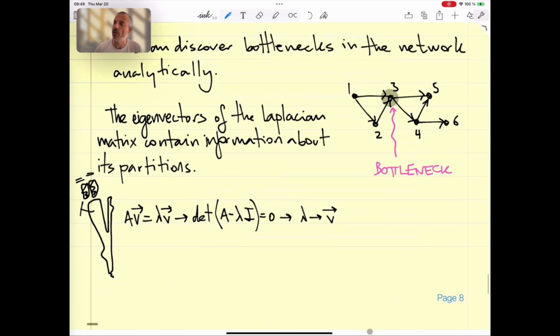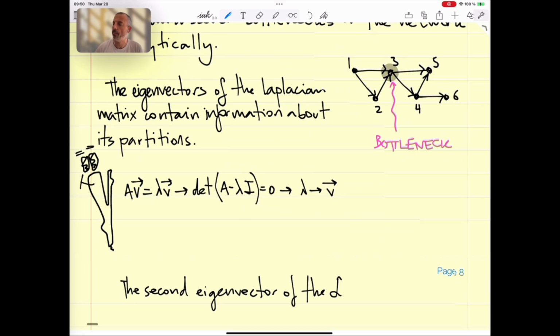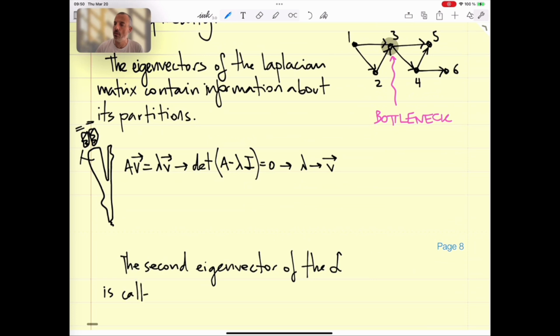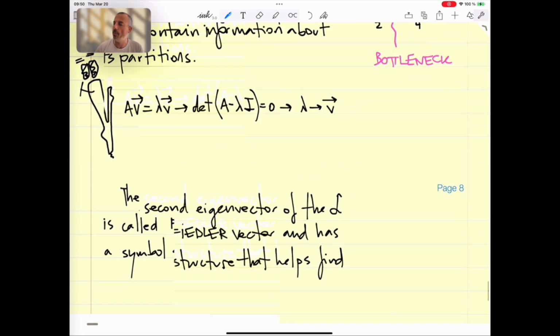So if you have the eigenvectors, the second, this is the key here, the second eigenvector of the Laplacian matrix is called Fiedler vector, and has a symbol structure that helps find the bottleneck.